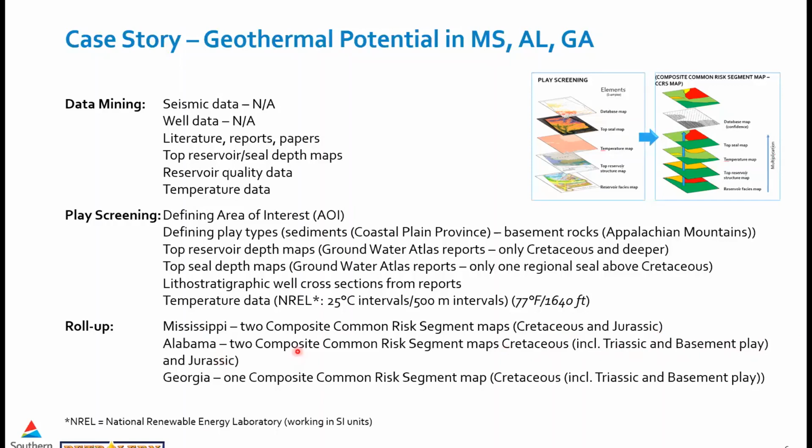In Georgia, we ended up with one composite common risk segment map for the Cretaceous, which also included the Jurassic and basement play. It will become more clear when we see the composite common risk segment maps.